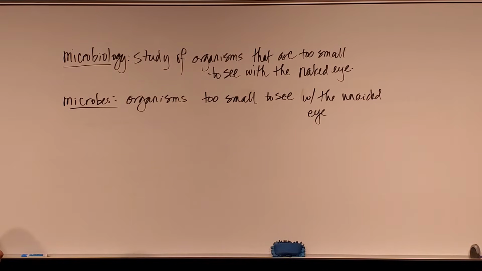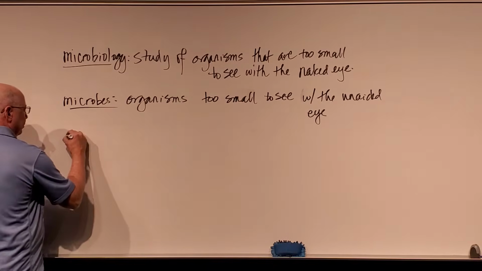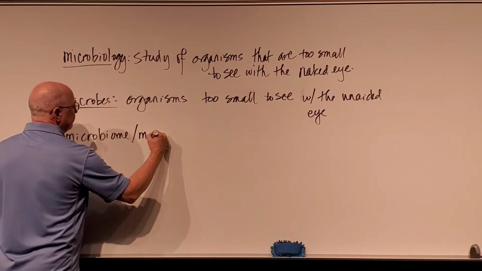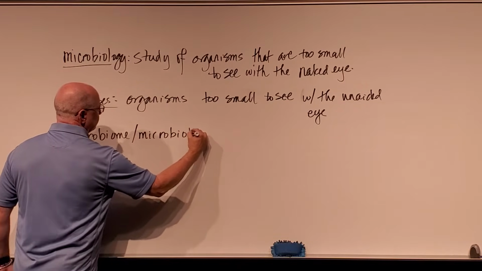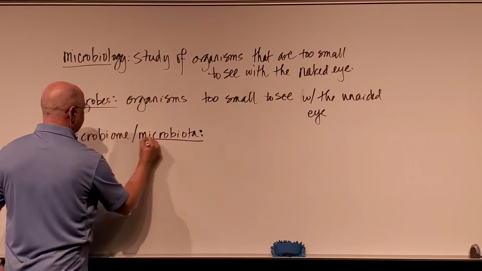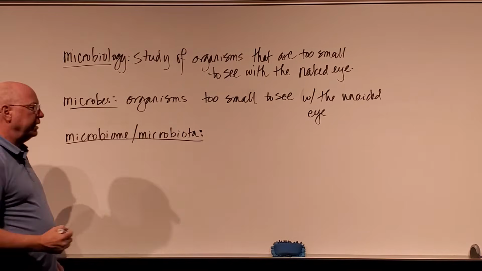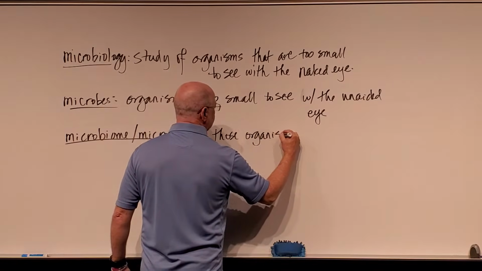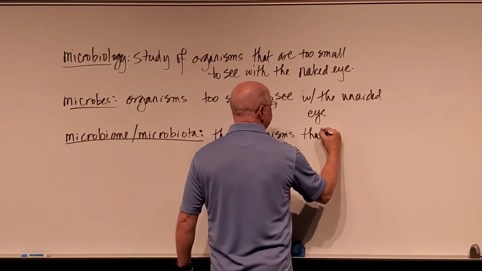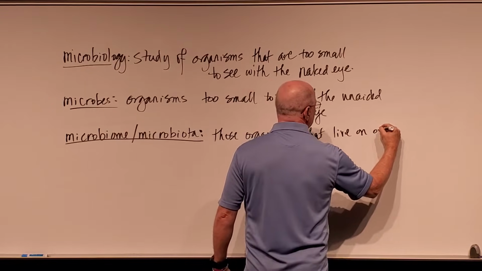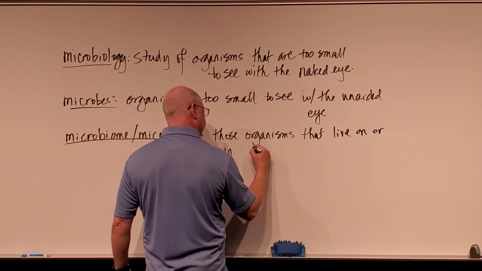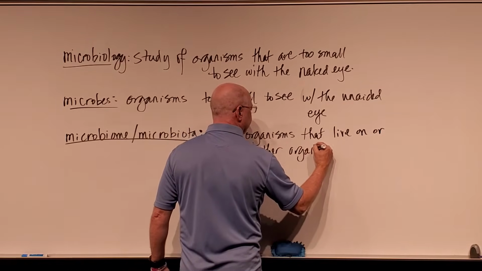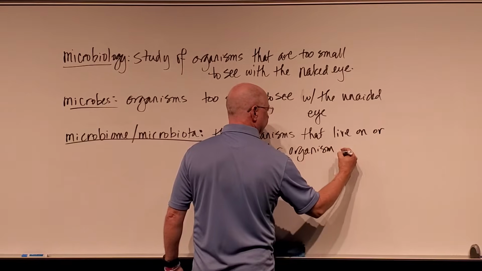Okay? And one other term I need you to know is what we call the microbiome, also called the microbiota. The microbiome or the microbiota are those organisms that live on or in another organism, usually in animals, but not always, sometimes in plants as well.